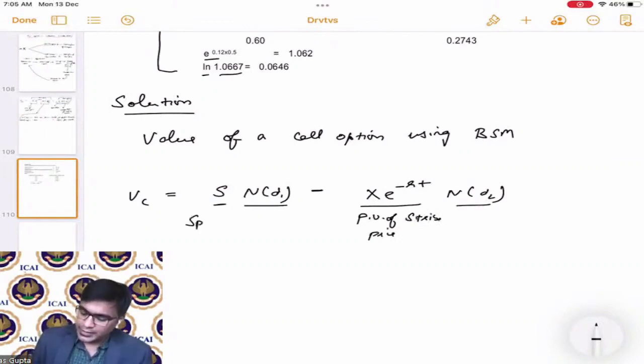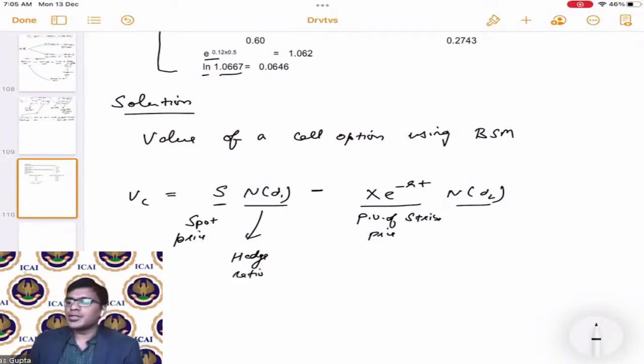This is spot price. This is also called the hedge ratio. Why? Because this will tell us that to write one call option, how many shares we have to purchase.